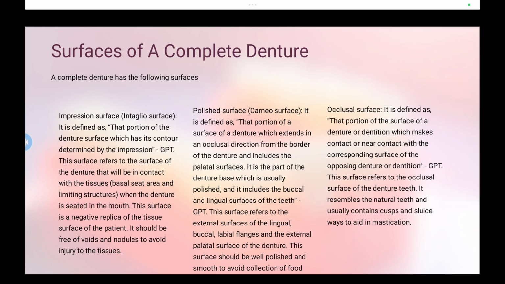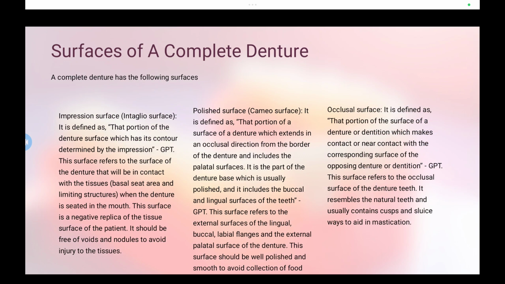When the denture is seated in the mouth, this surface is an exact replica of the tissue surface of the patient. It should be free of voids and nodules to avoid injury to the tissue. In short, the impression surface is the surface which touches the mucosa of the patient's mouth.